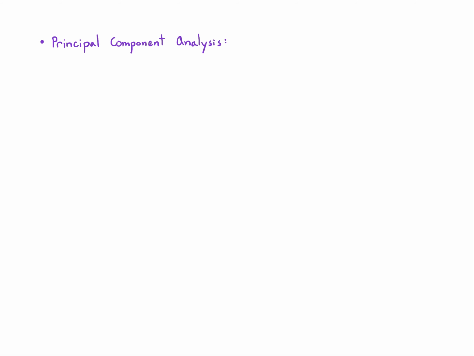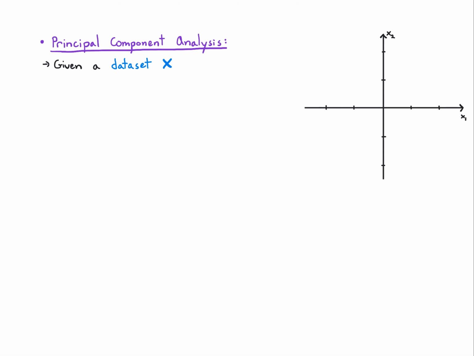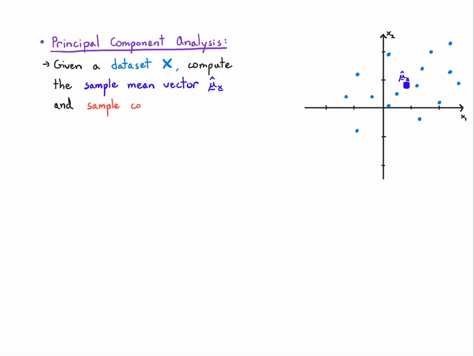The way that I'm going to do this is I'm going to get a data set. Here's a two-dimensional visualization of a data set. So I get these two-dimensional feature vectors. I'm going to compute the sample mean vector. So let's do that. Here's the sample mean vector. And I'm also going to compute the sample covariance matrix.